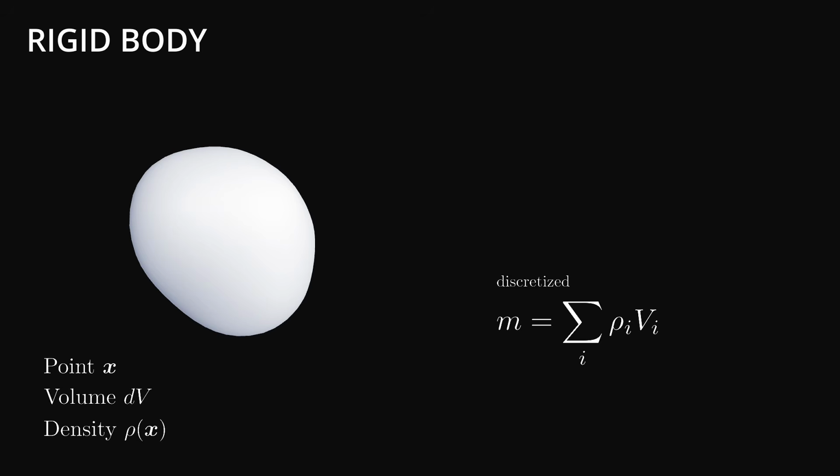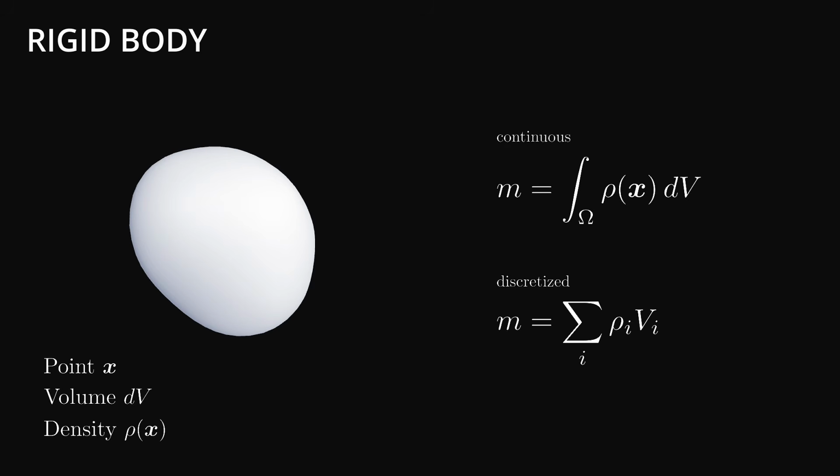To compute the total mass, the sum is converted to an integral over the domain omega of the rigid body, since dv approaches 0 in the limit case. ρ of x is now a function of space and has a value for each point of the rigid body. Integrating it over omega means integrating it over the volume of the rigid body, resulting in the total mass.